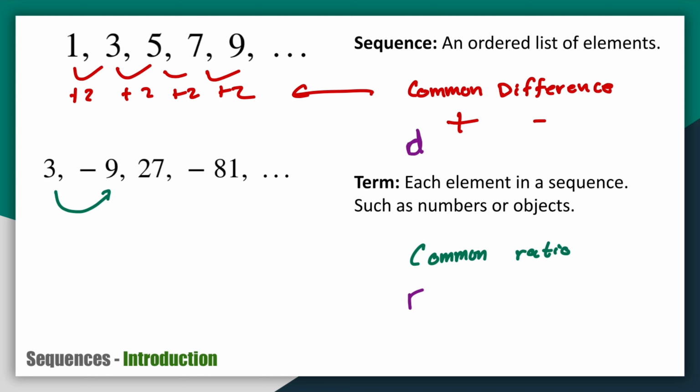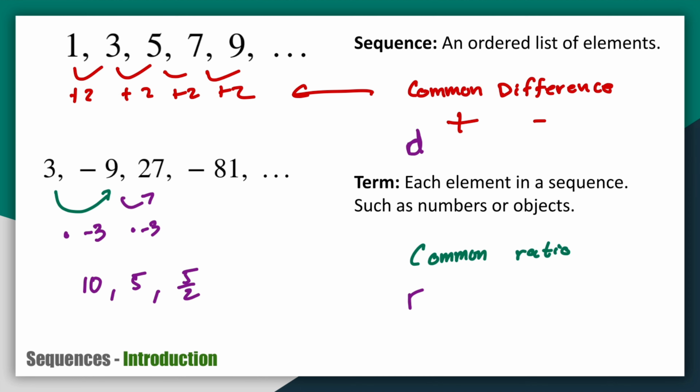So here, 3, negative 9, 27, negative 81, we're multiplying by negative 3 all the way through, all right? So it is multiplication. Now, what if you're going down? What if I have 10, 5, 5 over 2? This gives the appearance that to go from 10 to 5, I divided by 2.